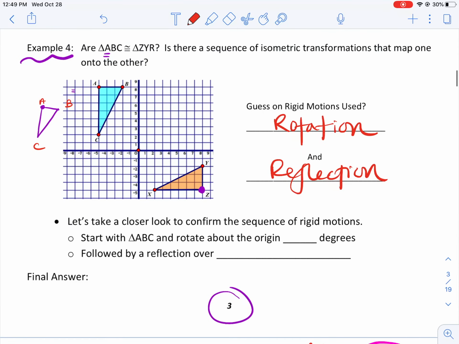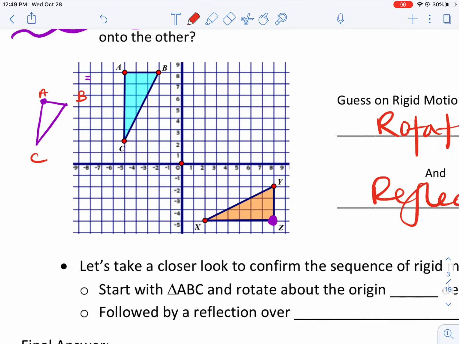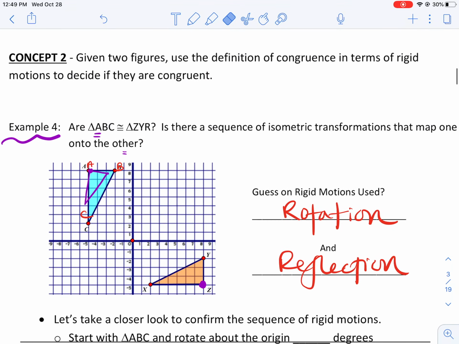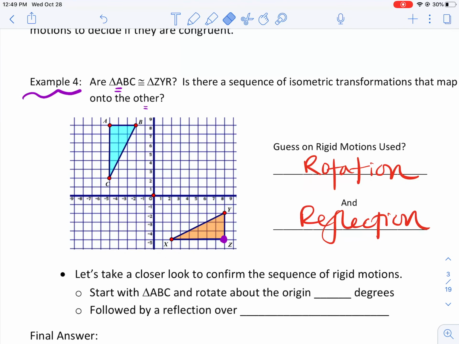Well, let's start by doing the rotation part, okay? So remember, if you're using your patty paper, you know what, guys, let me just start over this. Okay, so I'm going to do my little cross here.